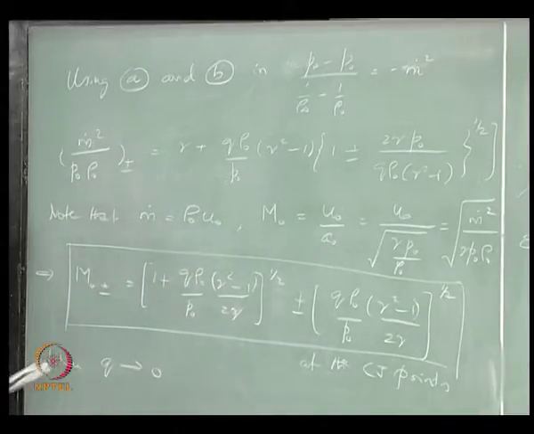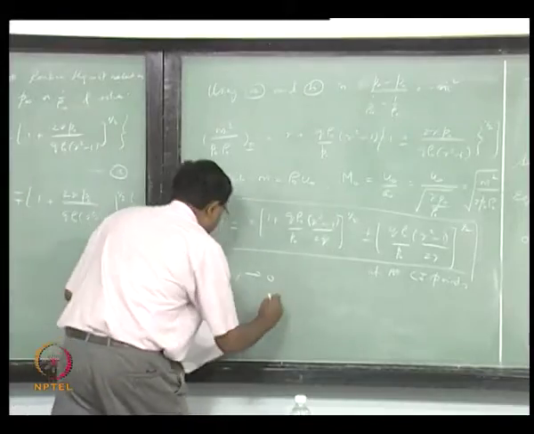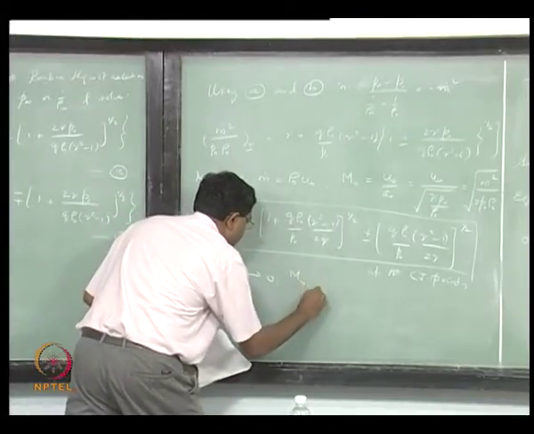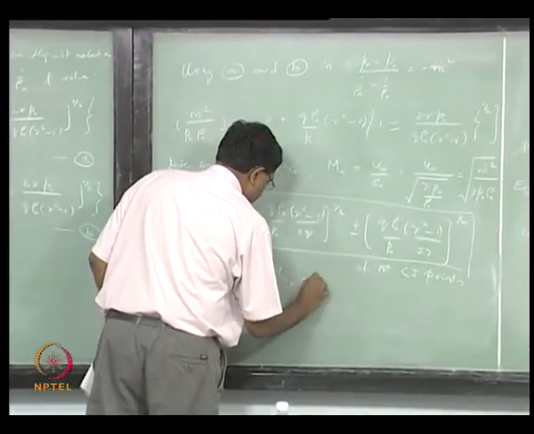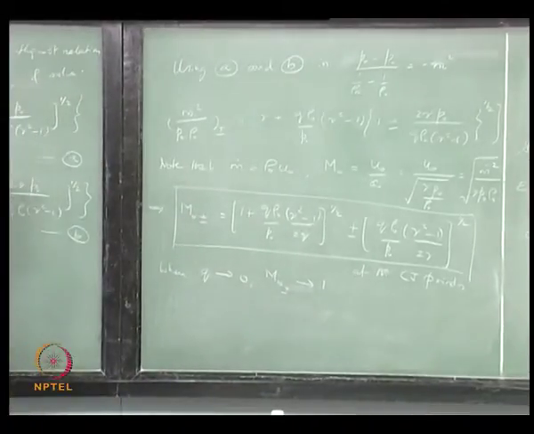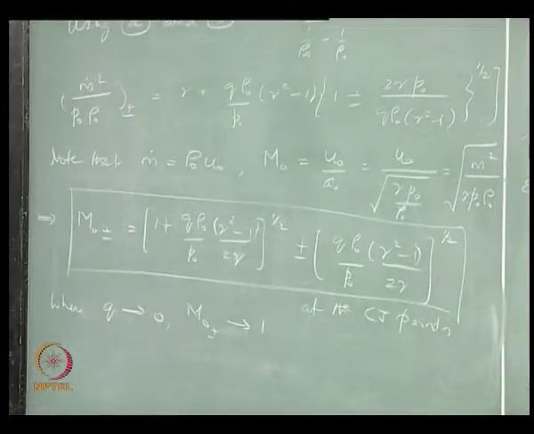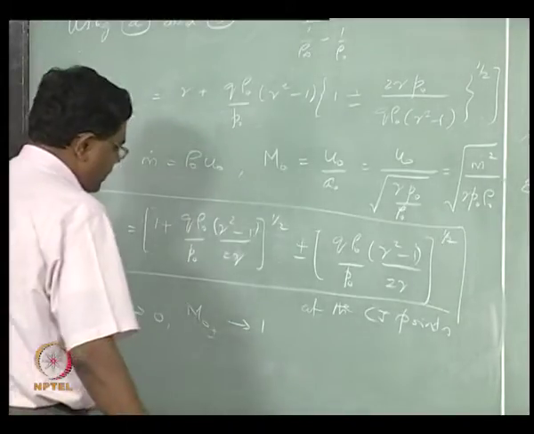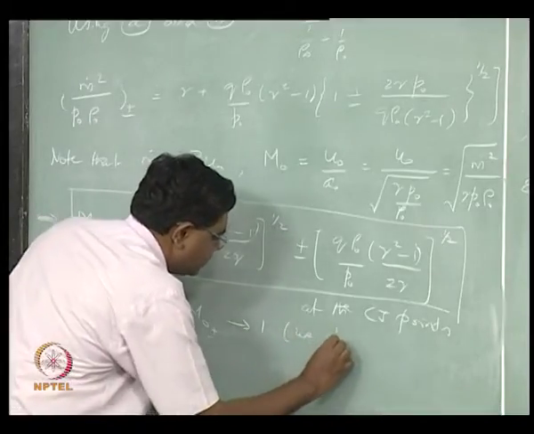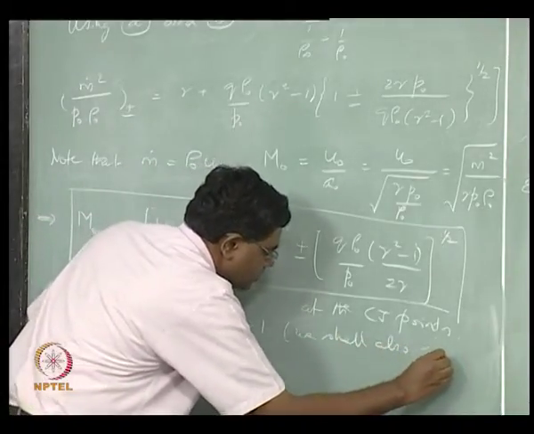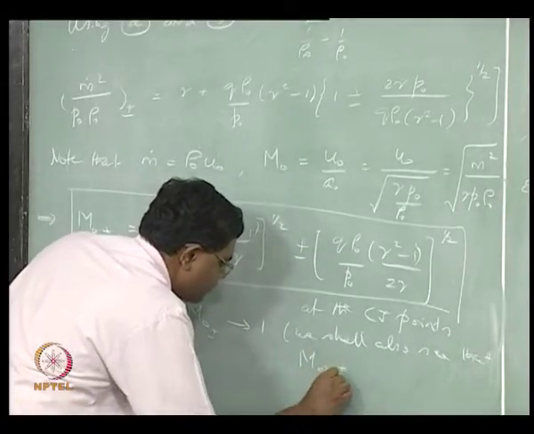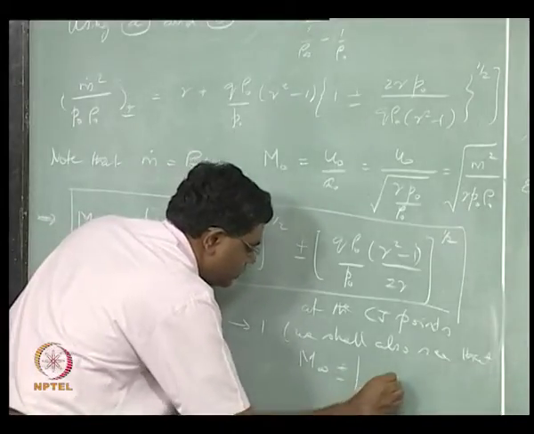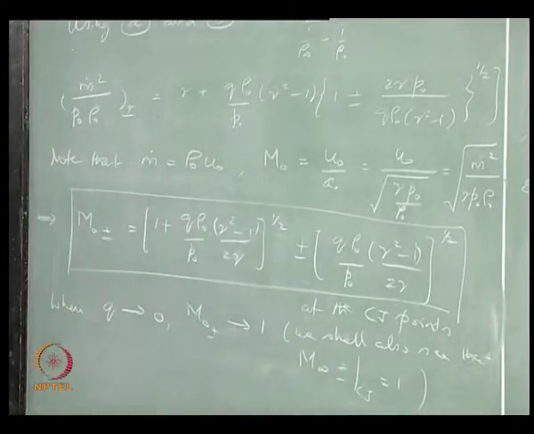So when q goes to 0, we get M naught plus or minus going to 1. And we will also see that M infinity plus or minus at CJ points equals 1. That's something that we will do next.